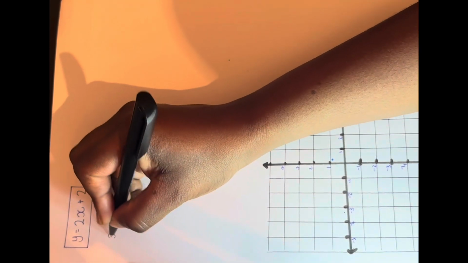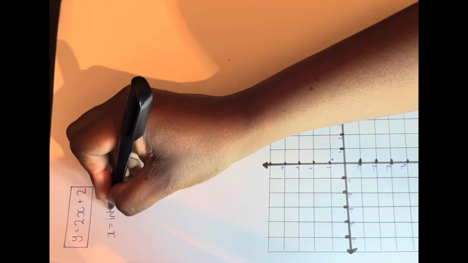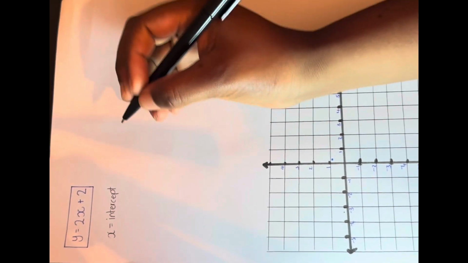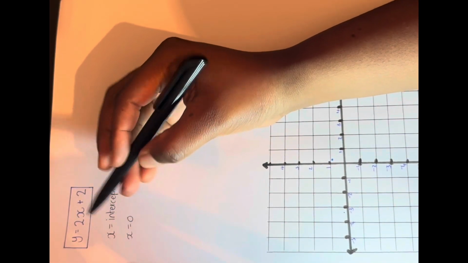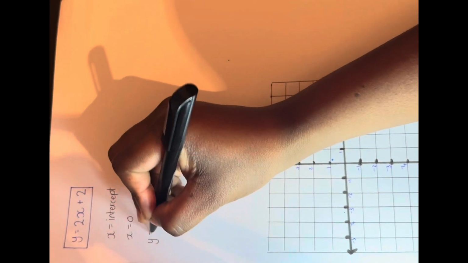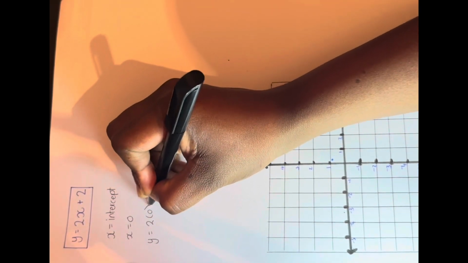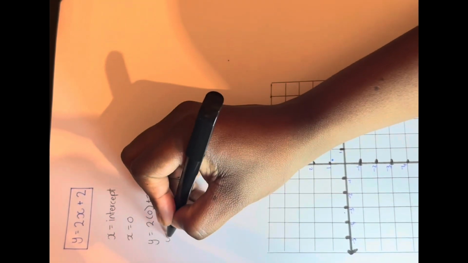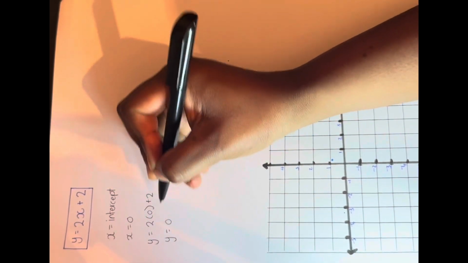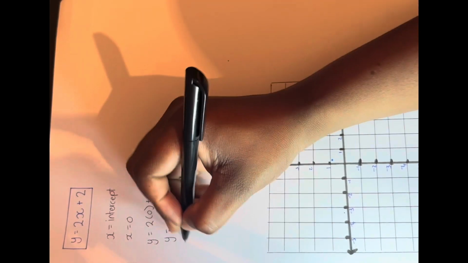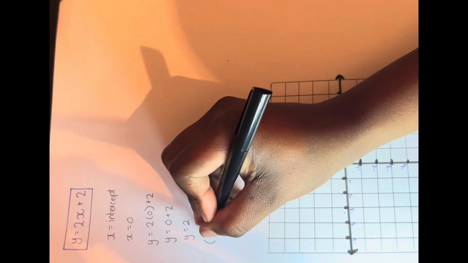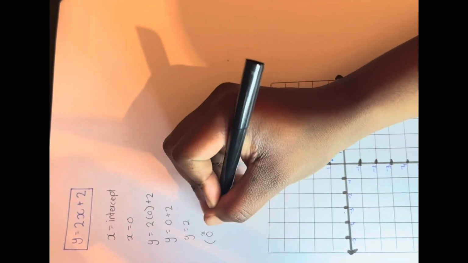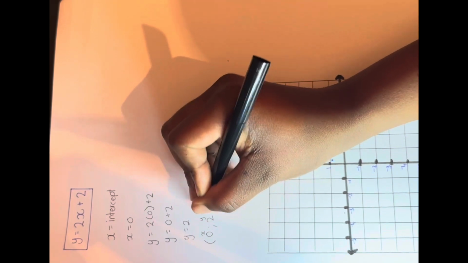We start with the point where x equals 0. We substitute the 0 into the formula, so y equals 2 times 0 plus 2. 2 times 0 is 0, plus 2, and your y equals 2. So the coordinates are 0, which is the x value, and 2, which is the y.